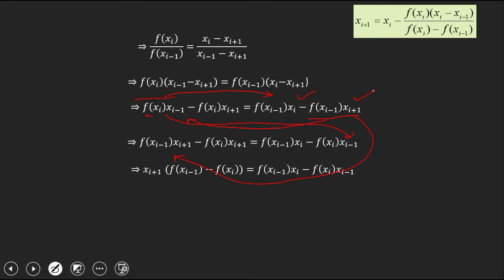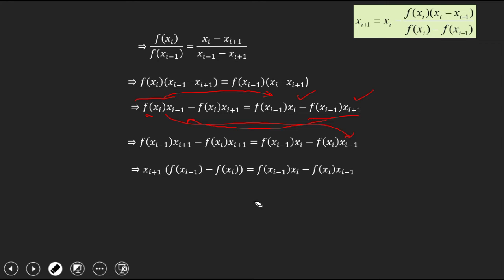So after taking xi plus 1 common, we have xi plus 1 into f of xi minus 1 minus f of xi, which is equal to f of xi minus 1 into xi minus f of xi into xi minus 1.